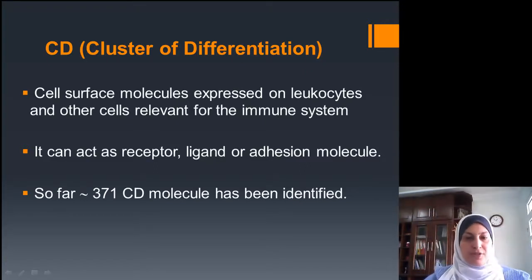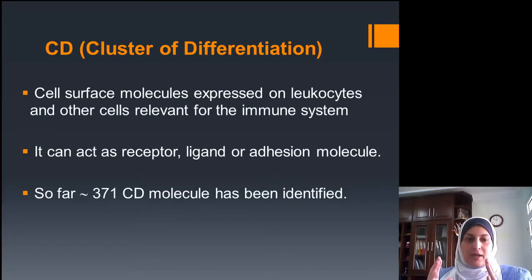They are cell surface molecules that have been identified using immunoassays and immune labeling. They managed to identify different types of receptors or molecules on the surface of cells, and they decided to give them names based on the immune staining that they developed.